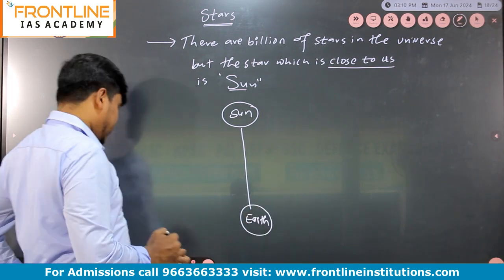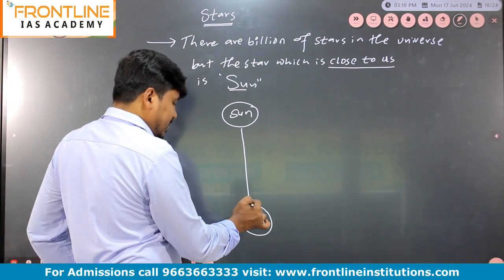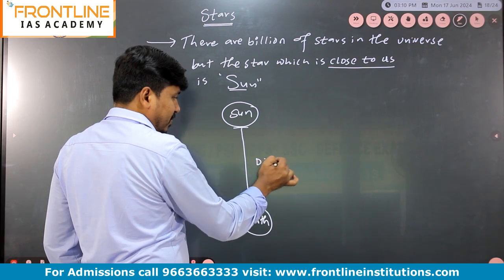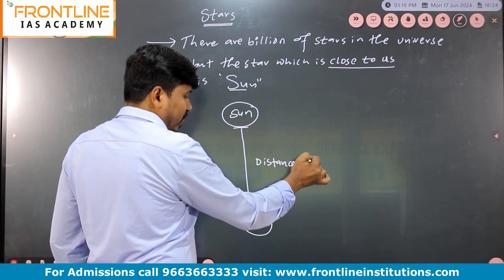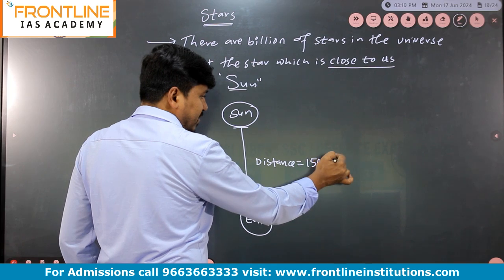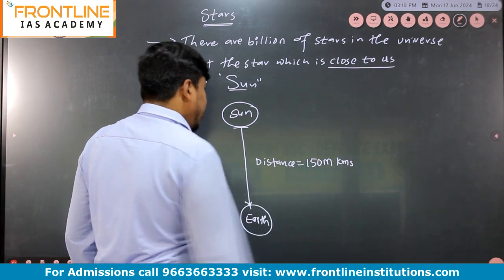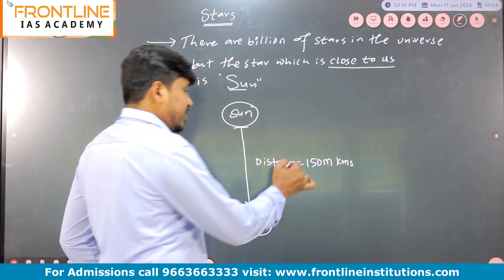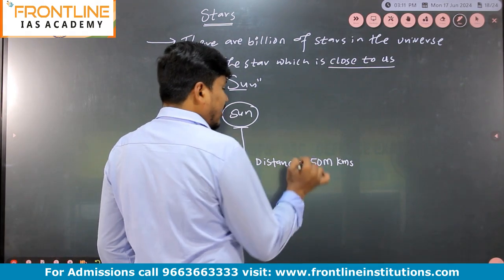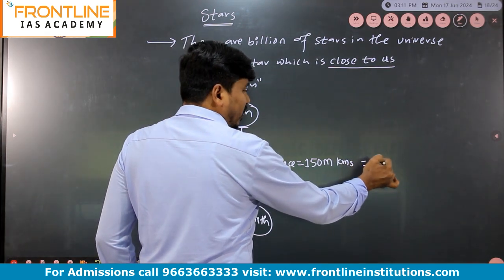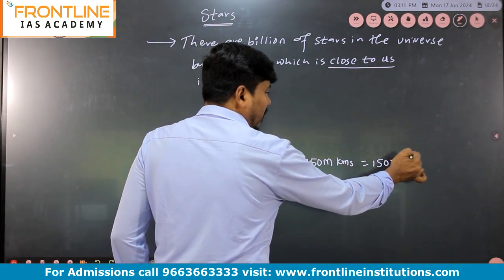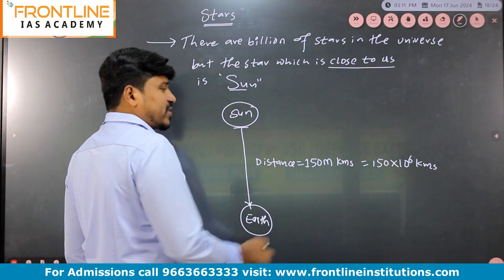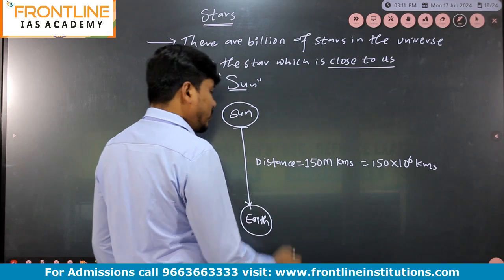For example, the distance between the sun and earth is 150 million kilometers, or 150 into 10 to the power of 6 kilometers.